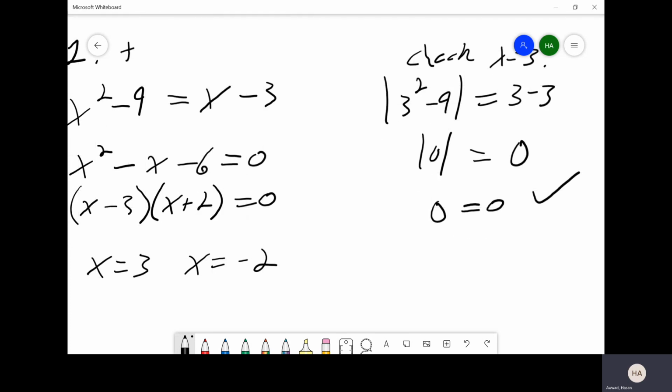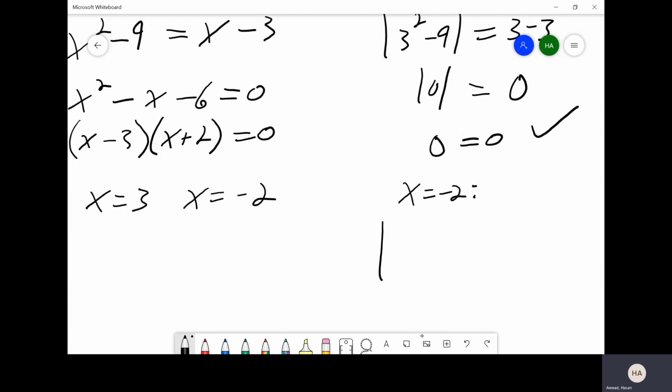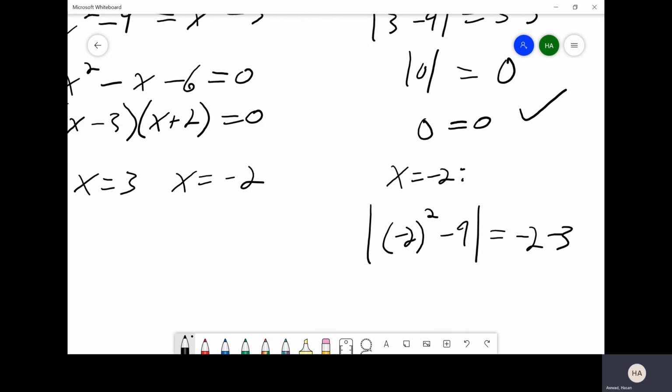Okay, now we have to check x is equal to negative 2. We're checking that. And we get negative 2 squared minus 9 inside the absolute values. And then negative 2 minus 3. Okay, so negative 2 squared is the same thing as 2 squared, right? Because negative times a negative is going to give us a positive. So we get 4 minus 9 inside the absolute values.